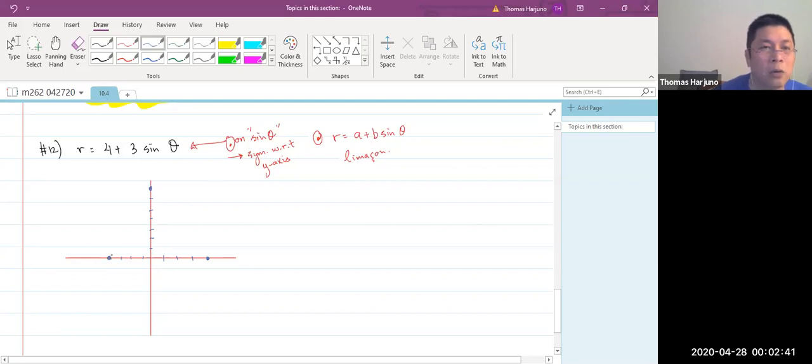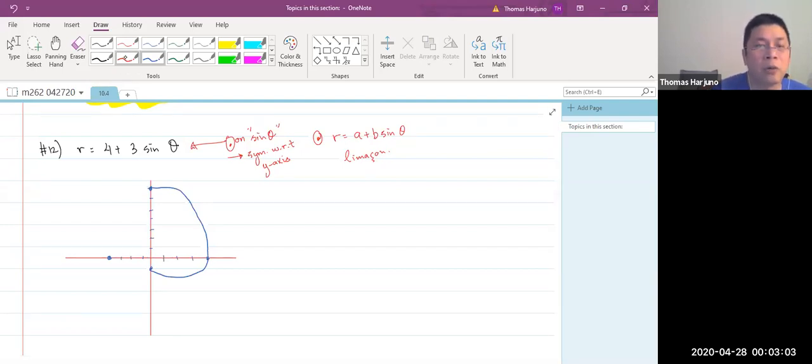When theta equals 3 pi over 2, r is 1. So the curve approximately looks like this, like that, approximately. And later on, I will copy paste that here.